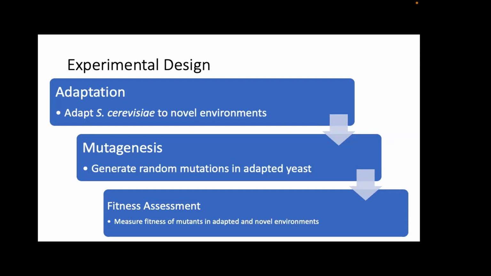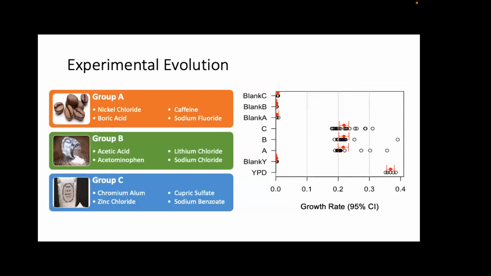So, how do we set this up? Well, the first step was to set up the environments that they were going to adapt to. Our goal in setting up these environments, as you can see, was to give them a variety of stressors. We didn't want any environment to have just a single stressor, since previous literature showed that if you have only a single challenge, yeast tend to adapt in a pretty predictable way.